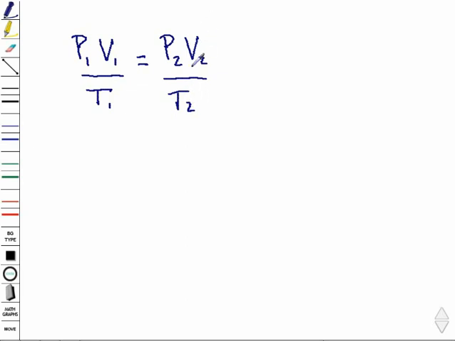Because we want to know the volume of the second container, we need to rearrange this expression in order to solve just for V2. First, we're going to multiply by the temperature of the second container to get that out from the bottom of a fraction. So when we multiply, those cancel.